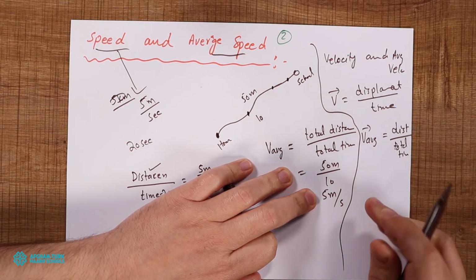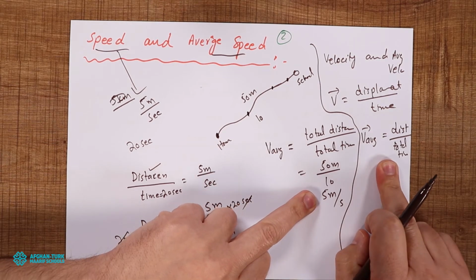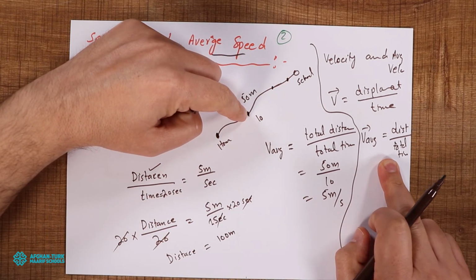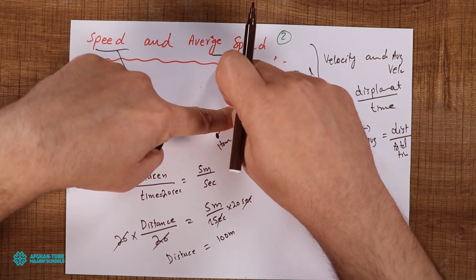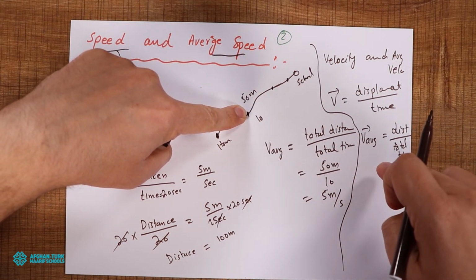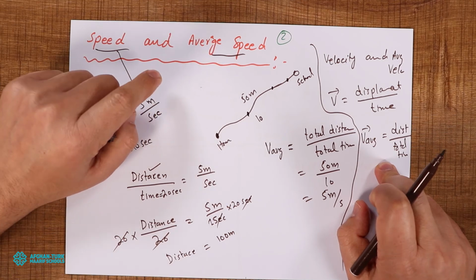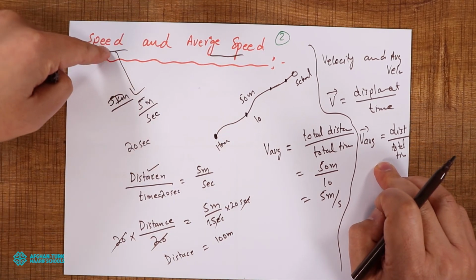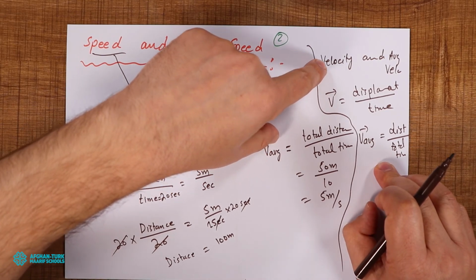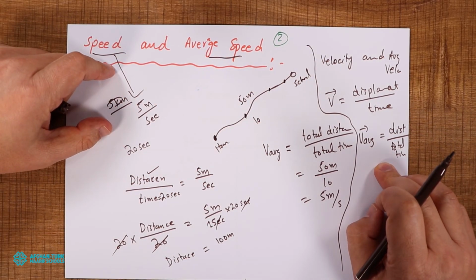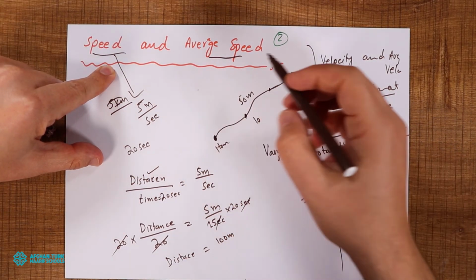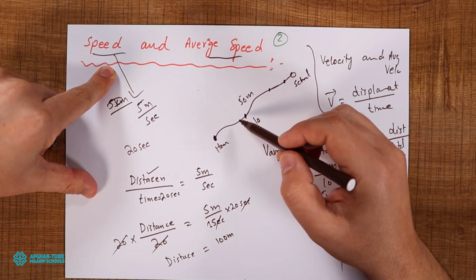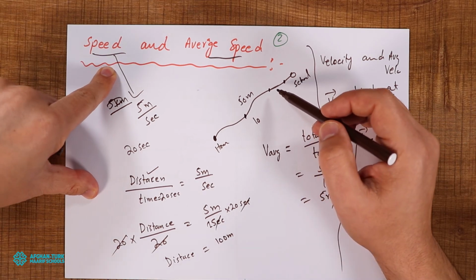So this is the difference. For average velocity we must calculate the wasted time as well, same as for average speed. For simple speed or simple velocity we do not care about the wasted time, and we only calculate the time when the body is in motion.